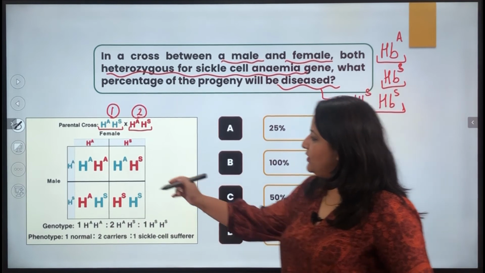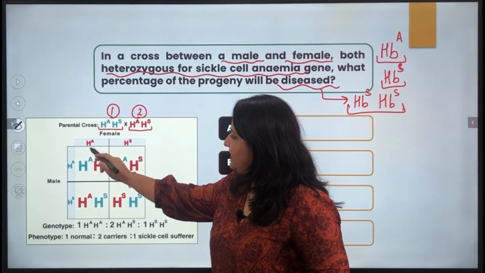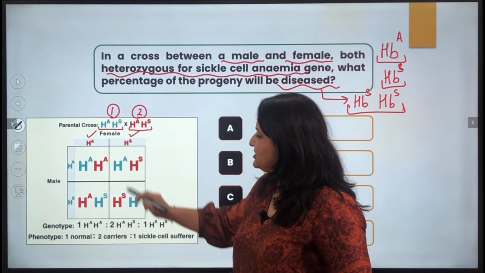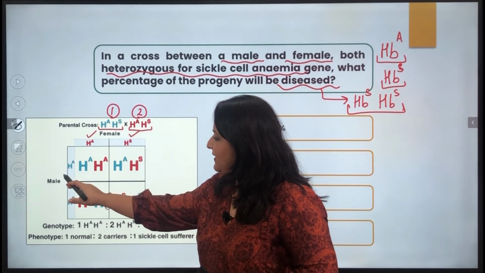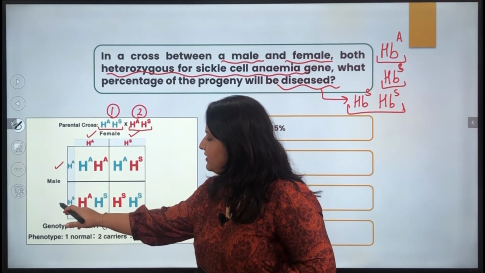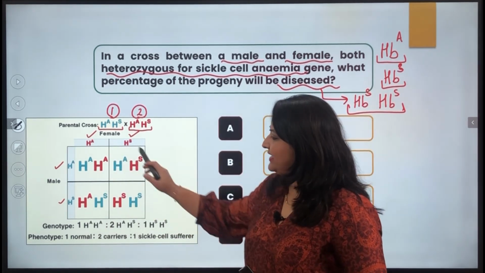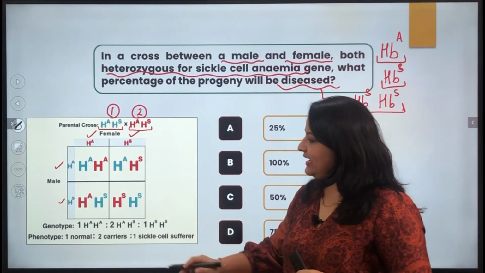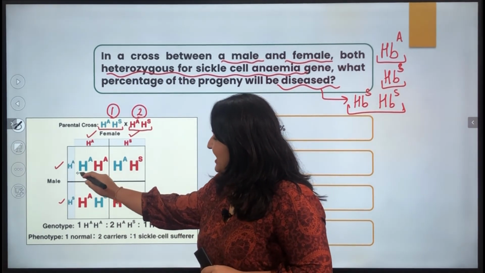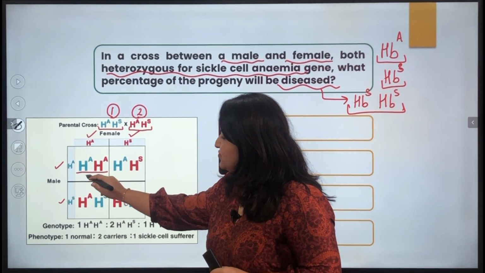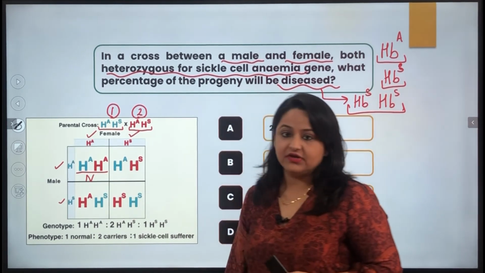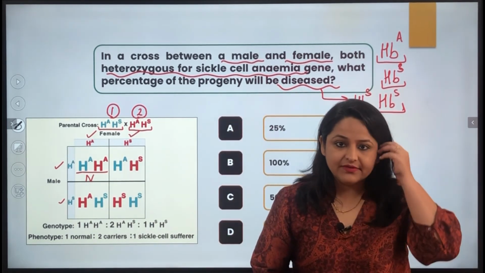So now if we look over here, the gametes of one parent are written over here, HbA and HbS. Similarly, the gametes of the male parent are written over here, HbA and HbS. And now if we fuse them with the help of a Punnett square, we get the first offspring, which is HbA HbA.